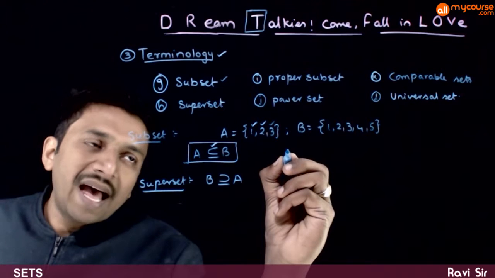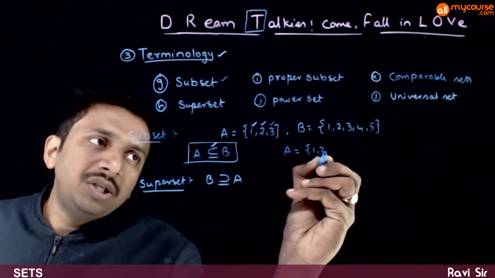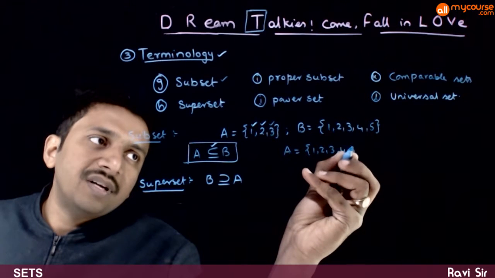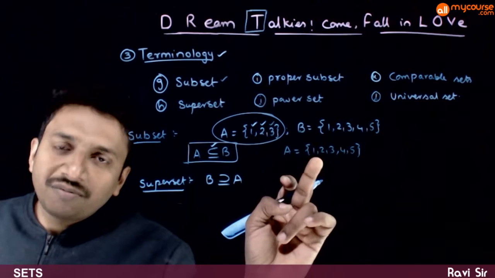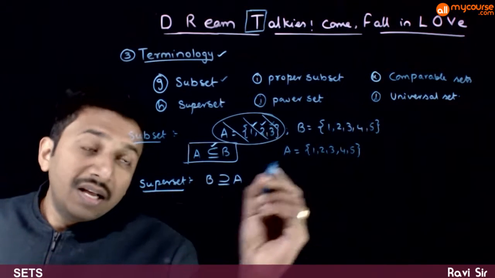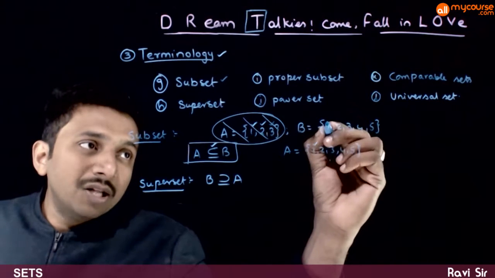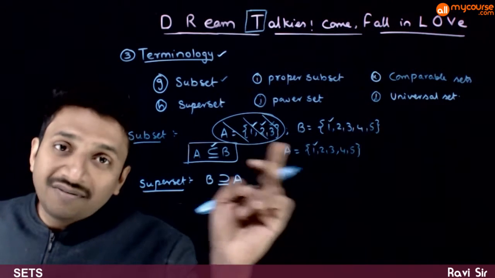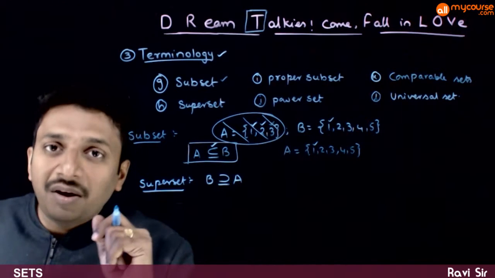Because if you have a set A as 1, 2, 3, 4, 5 and set B is also 1, 2, 3, 4, 5, now also, every element of set A is an element of B. The definition is being satisfied. So I have to write A is a subset of B also.